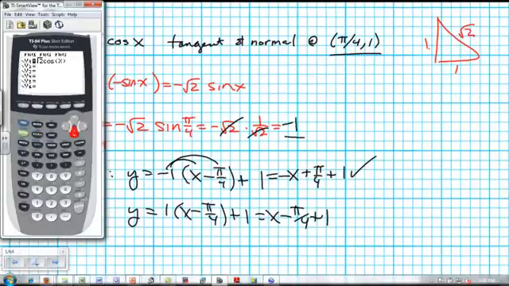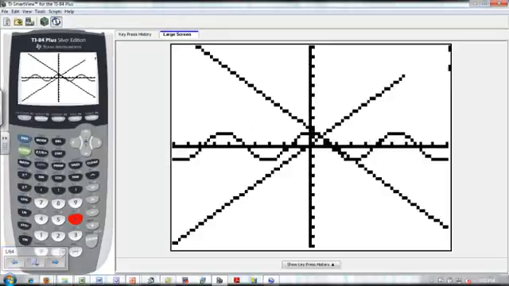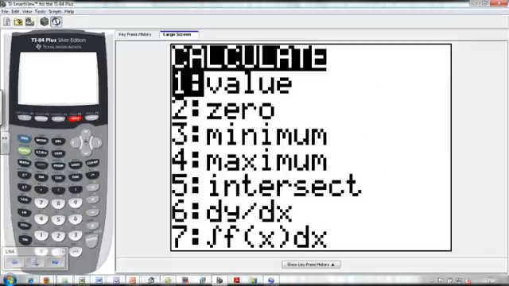And then we're going to put the tangent curve, and the normal line here, and let's zoom and see what we get. And how do we do? Does it look like it's tangent to the curve? Yes.